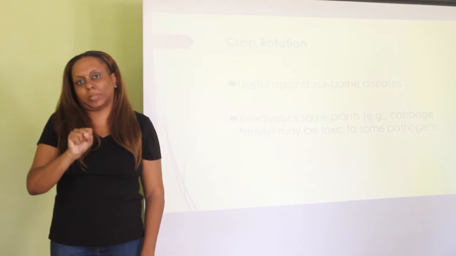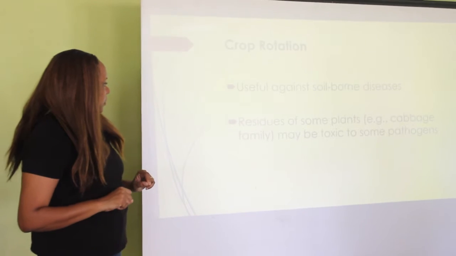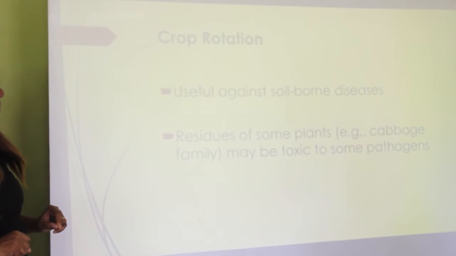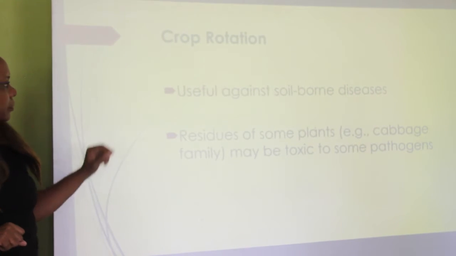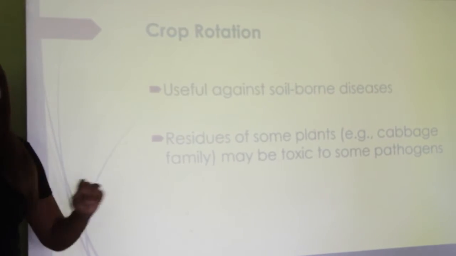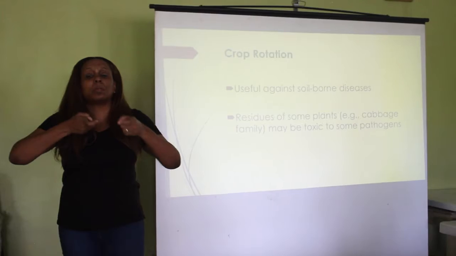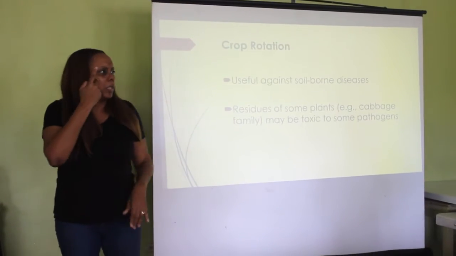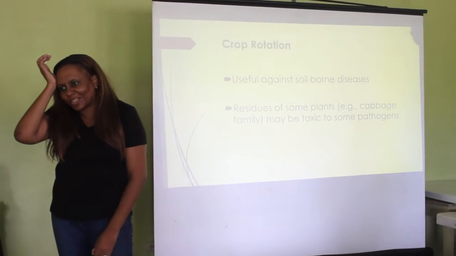But here are your soil-borne diseases, so you will remove residues. Here we have a very unique way of control, and we're saying that the residues of some plants, like the cabbage here, may be toxic to some other pathogens.